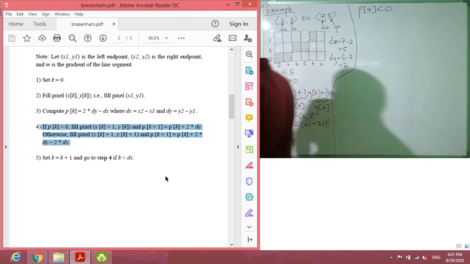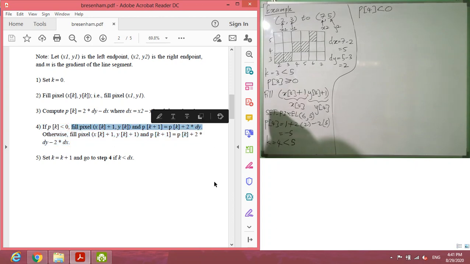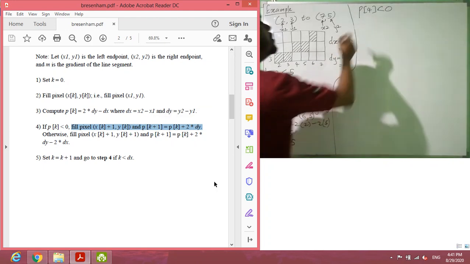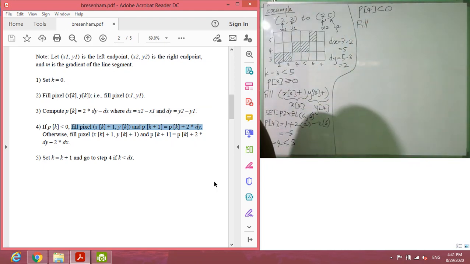Therefore, since it is less than 0, we execute this part, fill xk plus 1.